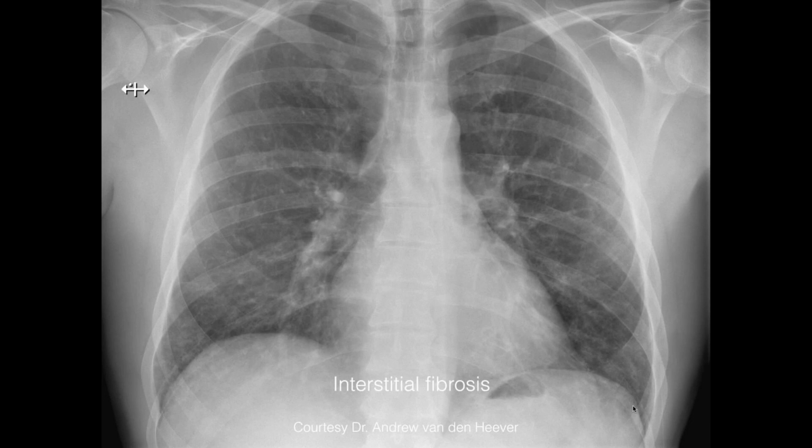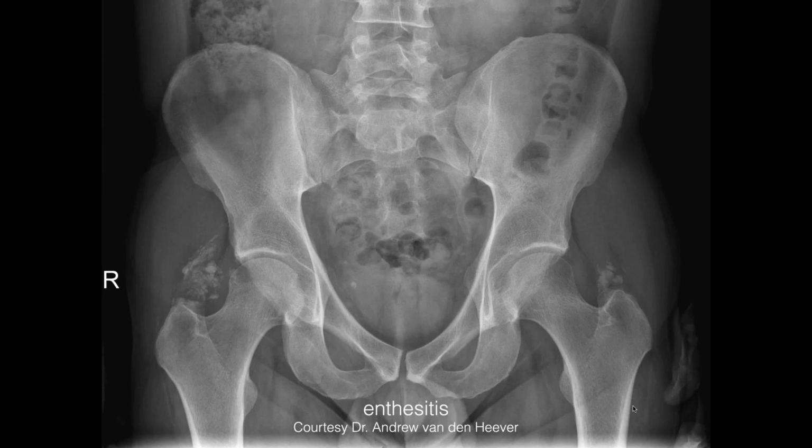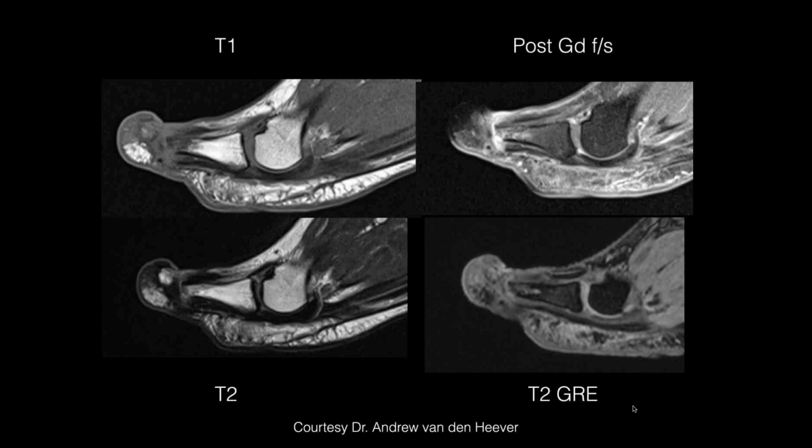Interstitial fibrosis, I guess, is the diagnosis here. Hard to tell. A lot of soft tissue calcification near the greater trochanters, maybe the gluteal insertions there. So the patient's thought to have rheumatoid arthritis, but then you've got interstitial edema of the lungs and then all these calcifications.